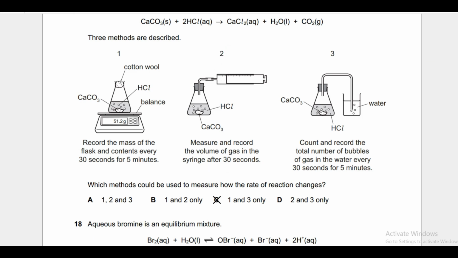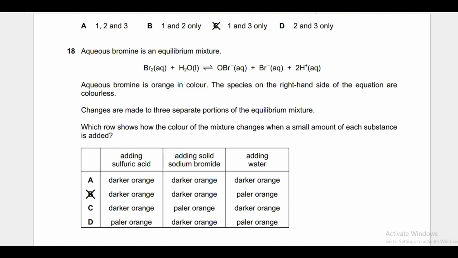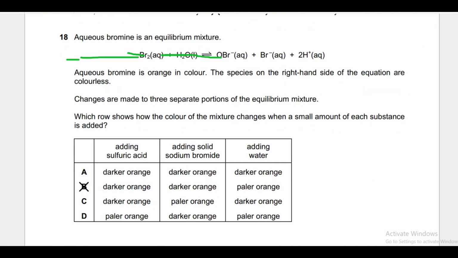Next, aqueous bromine is an equilibrium mixture. Bromine and water are in equilibrium to form bromate(I) ion, bromide ion and hydrogen ion.